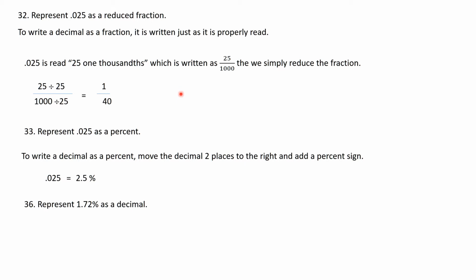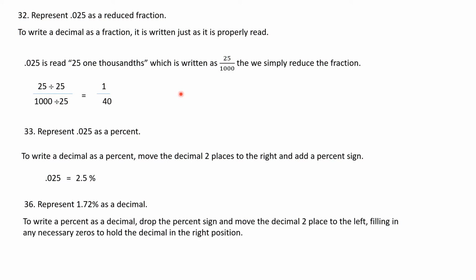If I want to take the percent and write it as a decimal, remember that percent is per 100, so I'm dividing by 100, which means I move the decimal back to the left two places and drop the percent sign. So I'm going to drop the percent sign, move the decimal back, and then I have to put in any zeros that are placeholders. So when I move this back two places, I've got an empty space here that needs a 0 to hold the decimal in the right place.